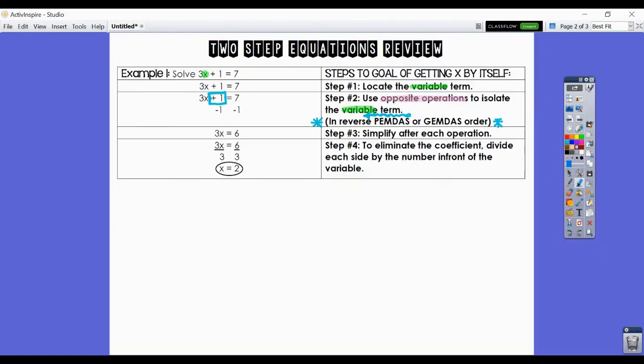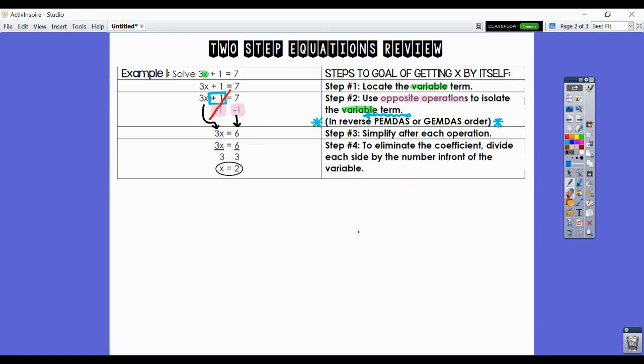So, the opposite operation of addition will be subtraction. That way, on this left side, I get my plus 1 canceled out with a negative 1 to become 0. Nothing's left there, and I drag down the 3x and solve 7 minus 1, which is 6.